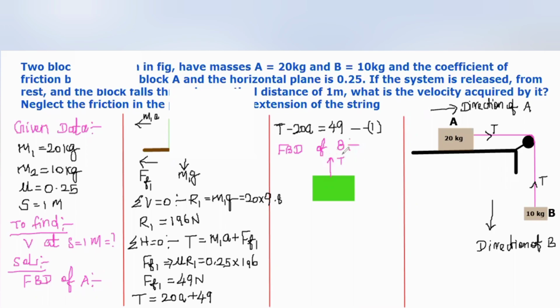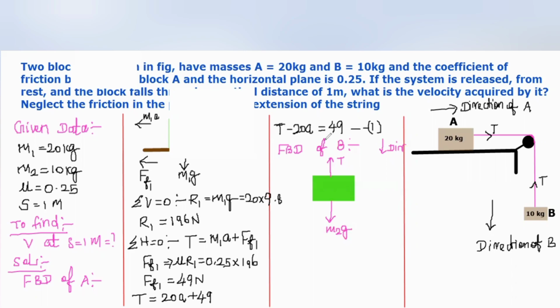Here we know that the direction of motion will be downward. Here it is freely hanging, which means it does not have any surface or point contact with any surfaces, so there is no normal reaction. But the weight of the object, which is equal to m2g, will act exactly downward.